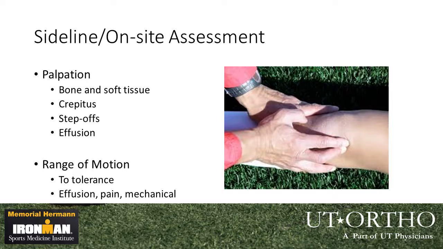Step-offs may indicate a bone abnormality. And an effusion also indicates more internal or significant injury. Range of motion, you want to do that to your player's tolerance, looking for an effusion, pain, or mechanical block that's preventing the athlete from gaining full motion.